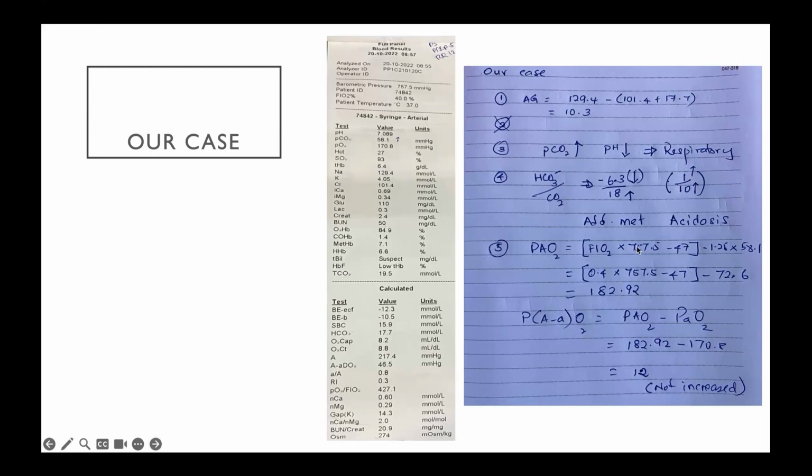But we have intubated and hypoventilated, making respiratory acidosis also. This is a problem when you don't know blood gas management in the ICU. So this is how this is a problem for your patient.